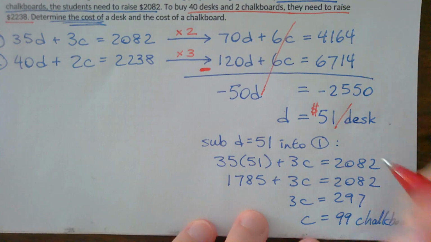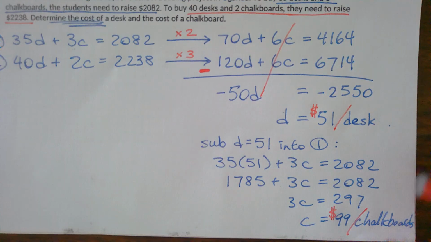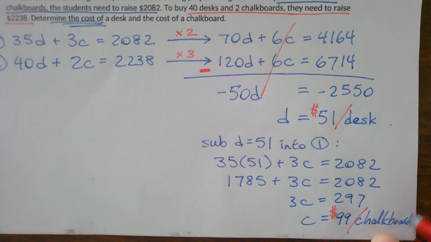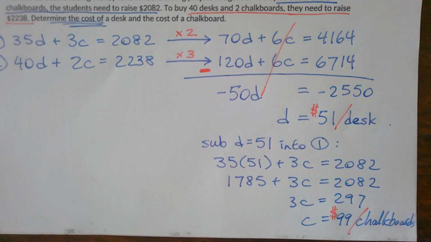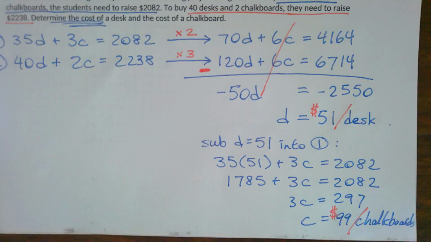And this is $99 per chalkboard. Because we know how many desks and how many chalkboards. Alright, so be careful with the unit. You will lose marks if you write the wrong unit.